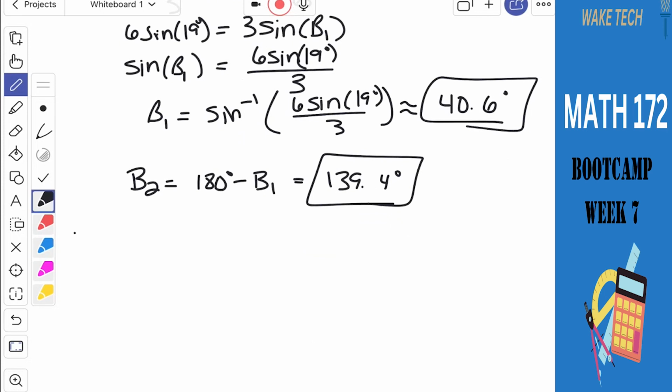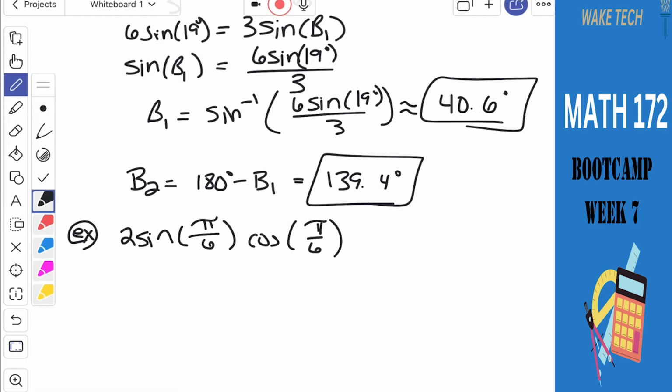Okay, Sarah, yours is saying 2 sine pi over 6 cosine pi over 6. This expression matches the double angle rule for sine off of page 92.